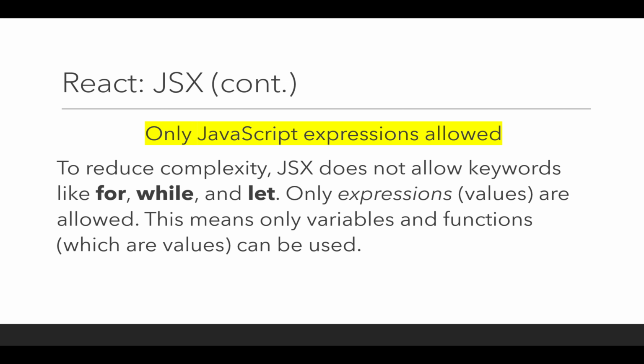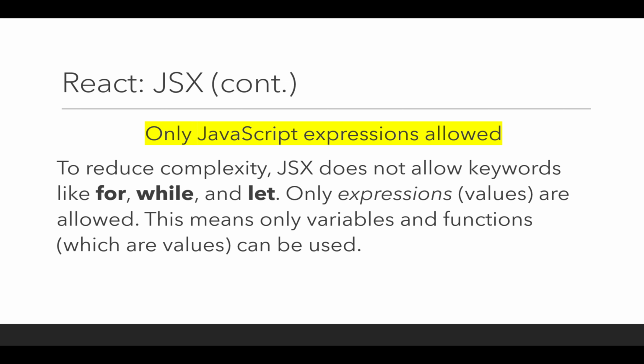So we can't use JavaScript keywords within JSX. That is, we're writing a kind of HTML. Within that HTML, we can only use values, that is, variables or functions, which again are a type of value, and we can't use other keywords like for, while, let, and a number of other things, which means we can't write conditional statements, which would depend on those keywords within JSX, nor can we write the normal looping structures of for and while within JSX because, again, those keywords are not allowed.